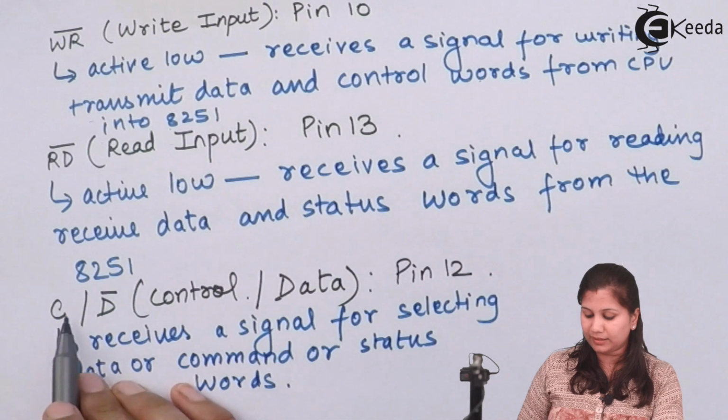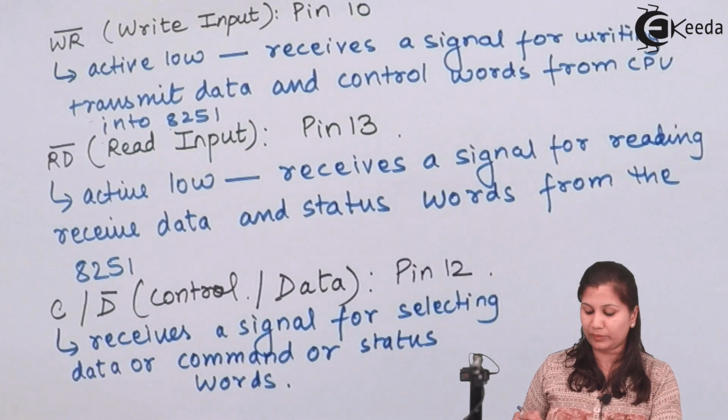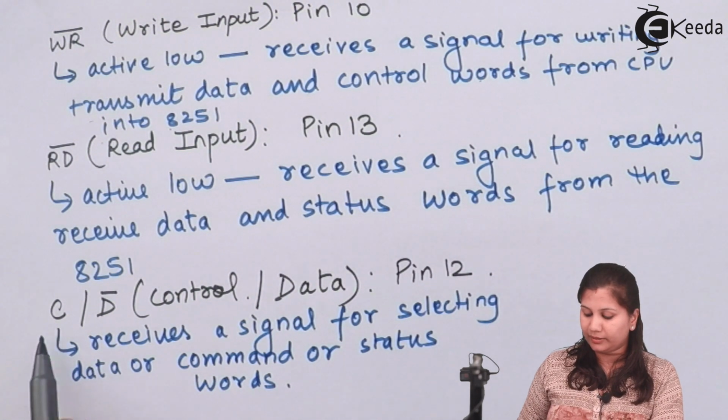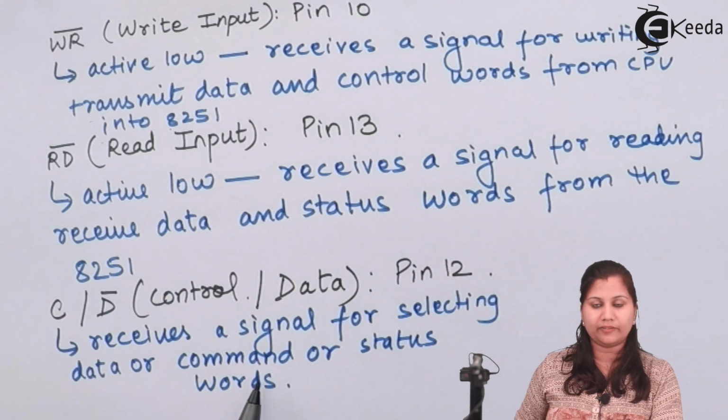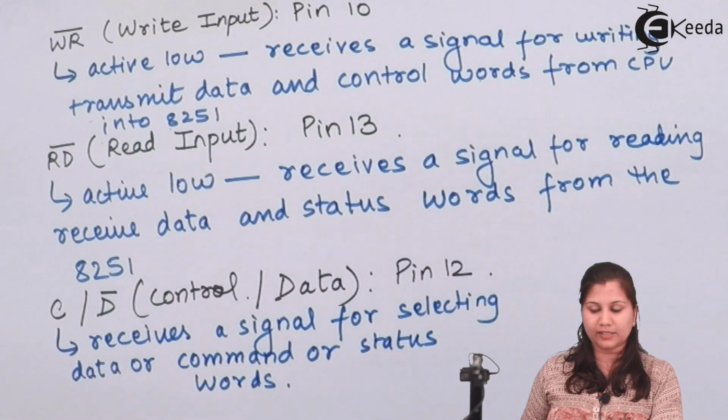When this signal is high, means when its value is 1, then command words and status words are available, and when its value is 0, then data is available.